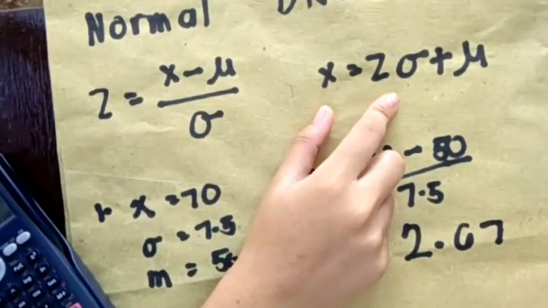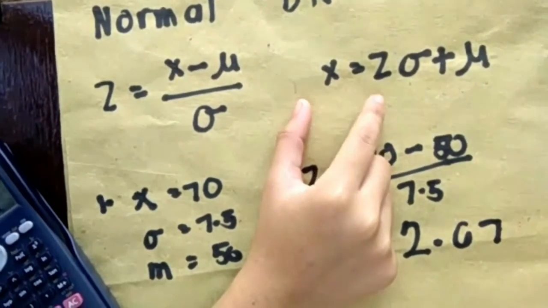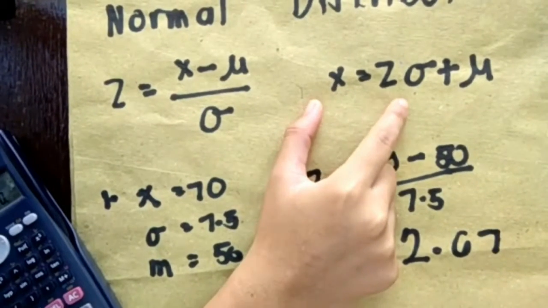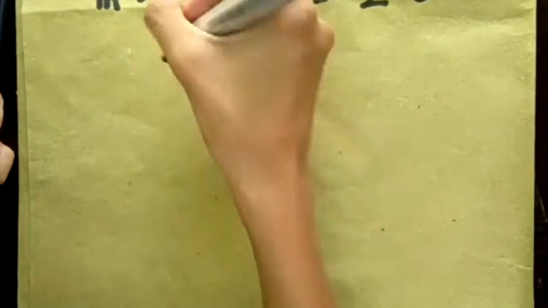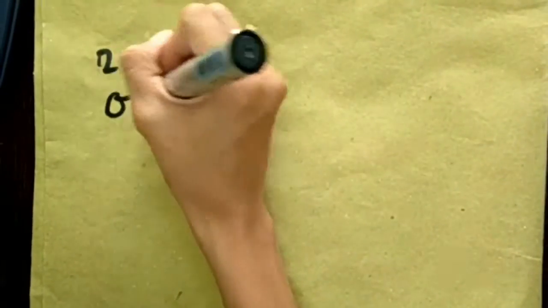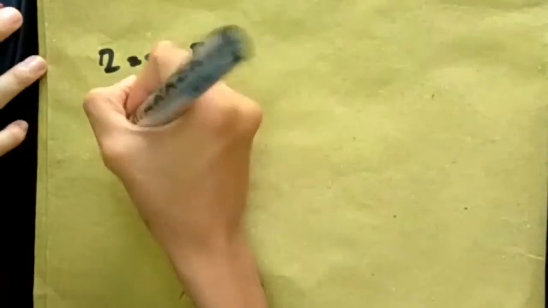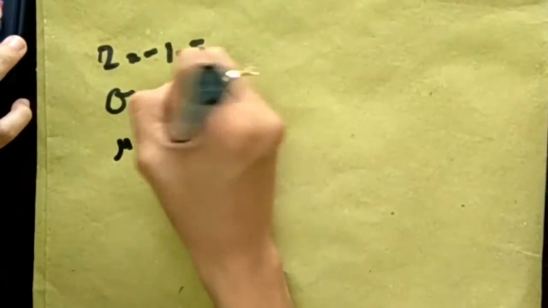Okay, I also have here an example on how to convert z-score to real score. In converting z-score to real score, we are going to use this formula, which is real score equals z-score times standard deviation plus mean. A normal distribution has a z-score of negative 1.5 and has a standard deviation of 12 and a mean of 50.